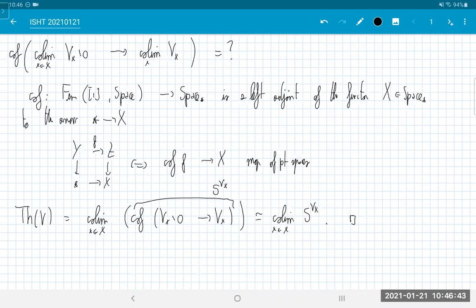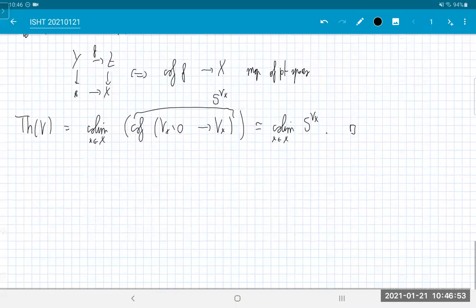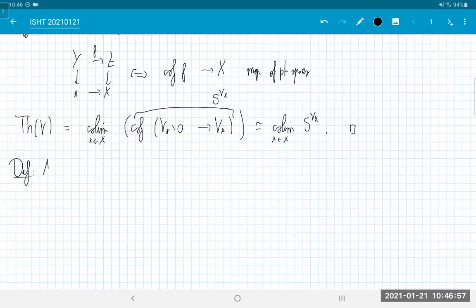No. Okay, so from now on, I'm actually secretly taking this as the definition of Thom space. So for example, let me define a rank n spherical fibration.